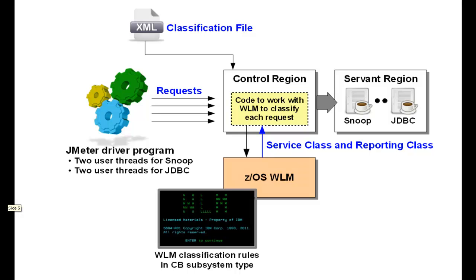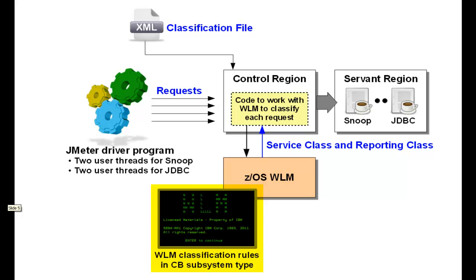So here's the environment that we'll use for the upcoming demonstration. We have our application server, and in our application server we have two applications deployed, Super Snoop and the JDBC application. We have a classification file designated for this server that was done with the environment variable that we saw.